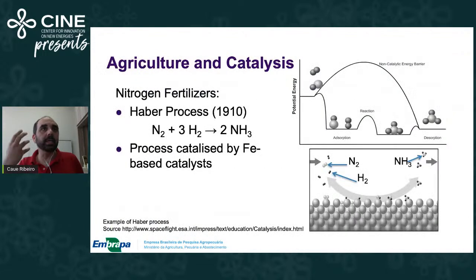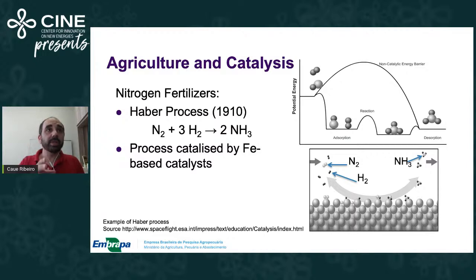But that idea of agriculture and catalysis is older than we can imagine. Actually, all the nitrogen fertilizers that we are using in the world today are produced by the Haber-Bosch process, which was developed in the beginning of the 20th century to reduce atmospheric nitrogen using hydrogen and produce ammonia. This ammonia can be used as a building block for several of the main products that we have nowadays.